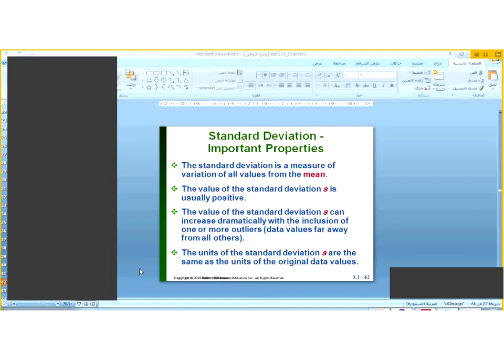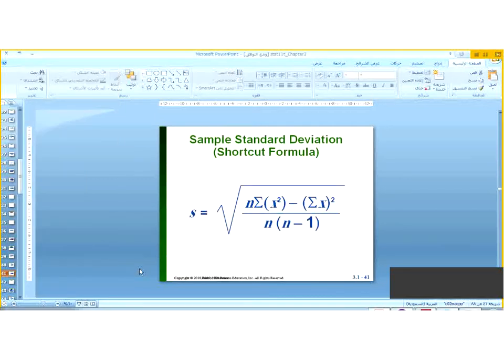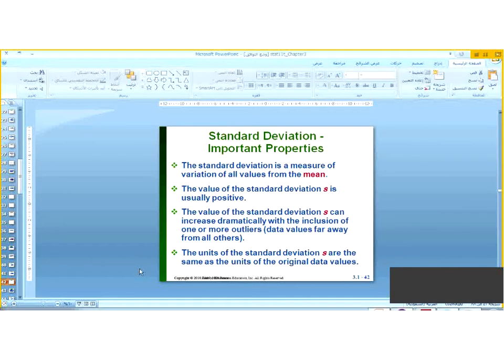They are the range and the standard deviation of the sample. So let's remember, here is the sample standard deviation. We took two formulas to calculate S, which is the sample standard deviation.